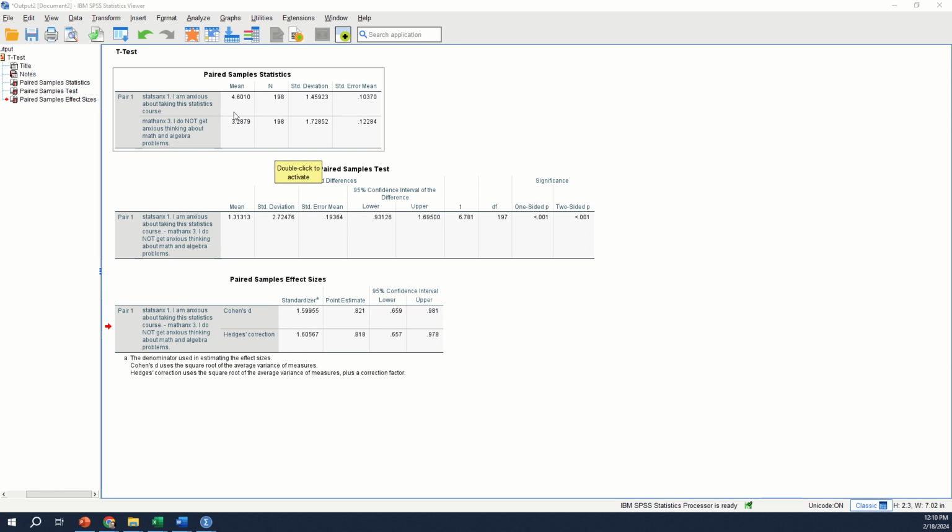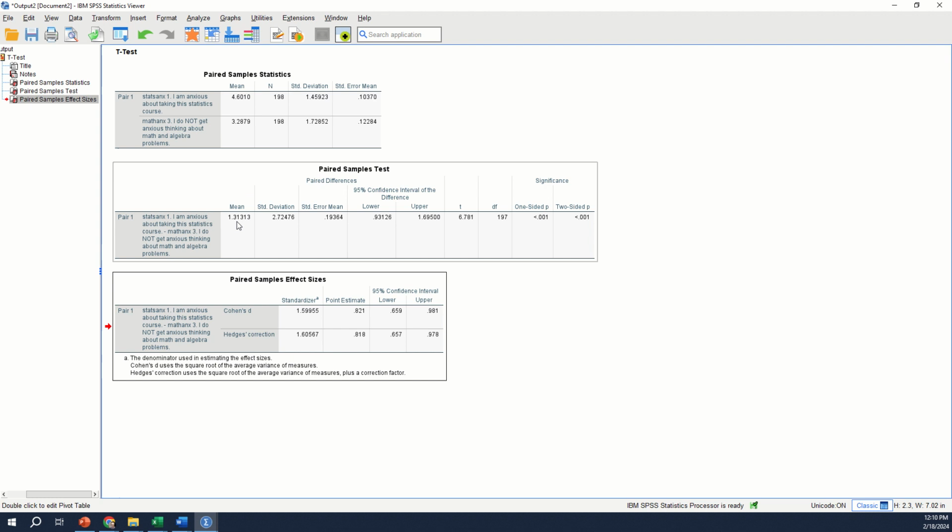How big is this difference? Well, if we look down here at our Cohen's d table, for the paired sample t-test, Cohen's d is the mean difference, so 1.31, divided by the pooled standard deviation, the average of the standard deviations for each outcome.